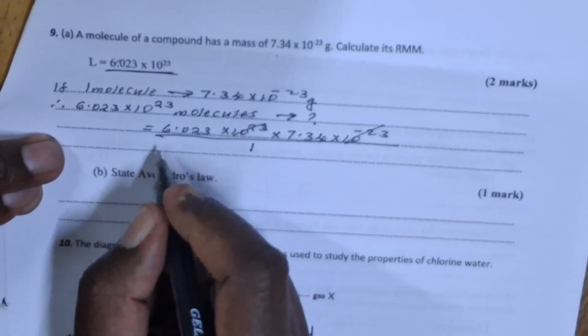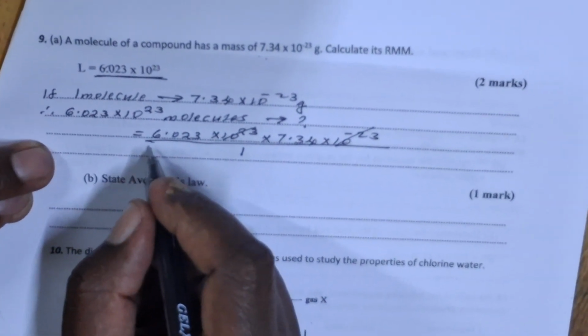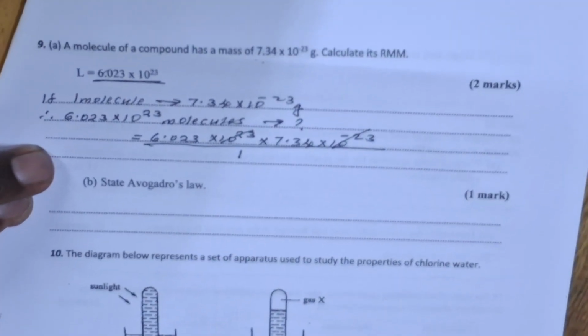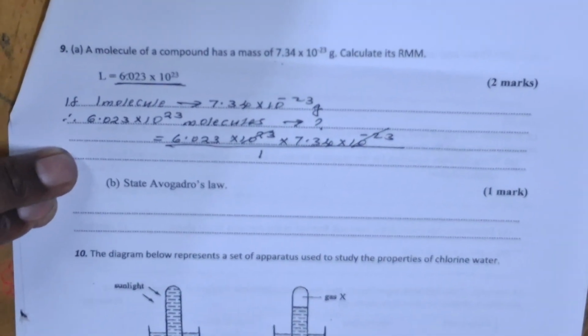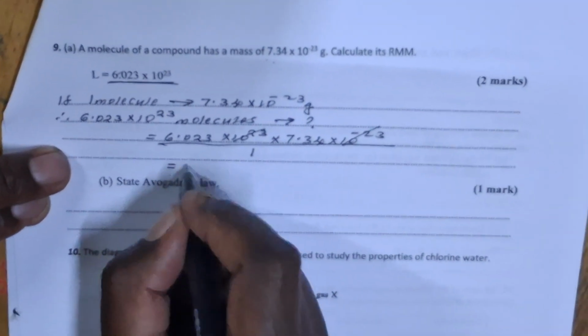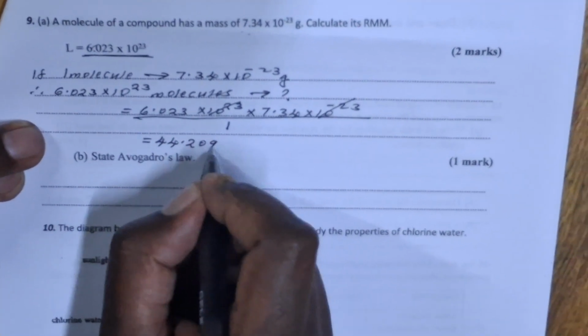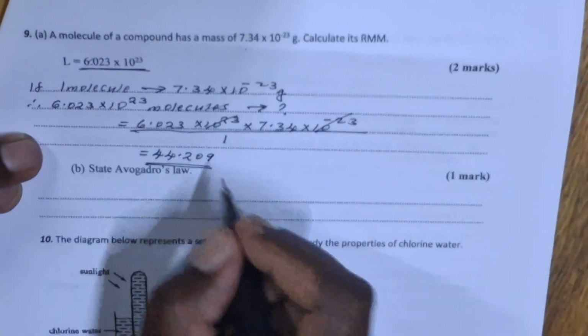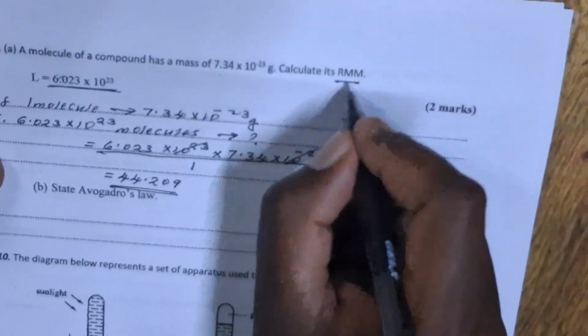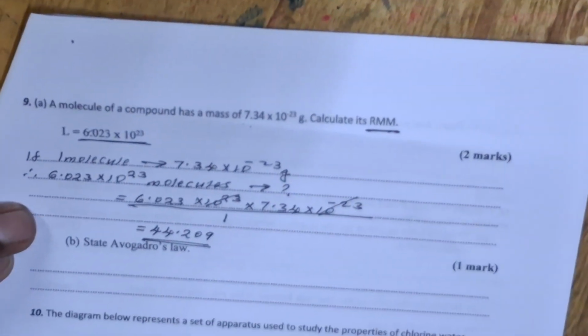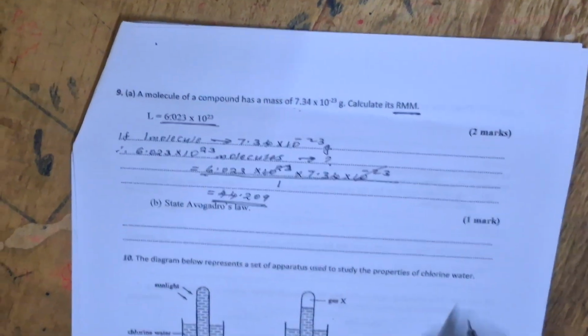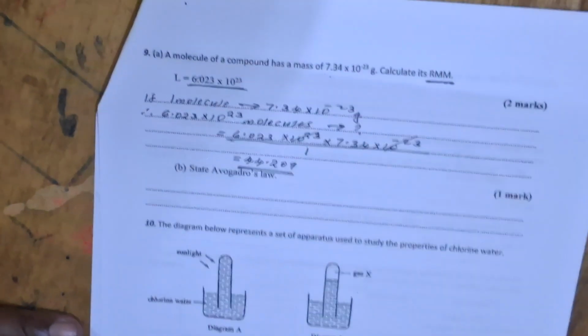And the answer that we get is 44.209. You leave the answer like that. Reason is because this is relative molecular mass. Anything that starts with the word relative is a ratio, and ratios do not have units.